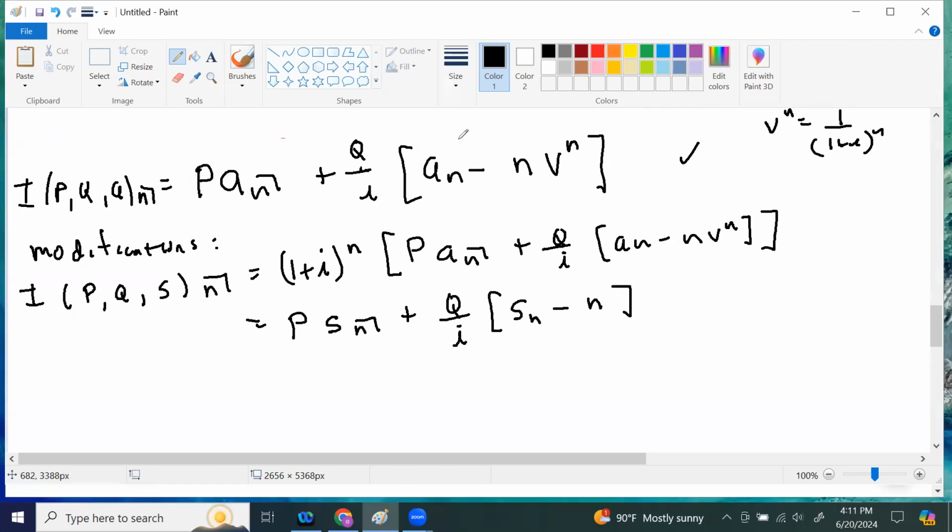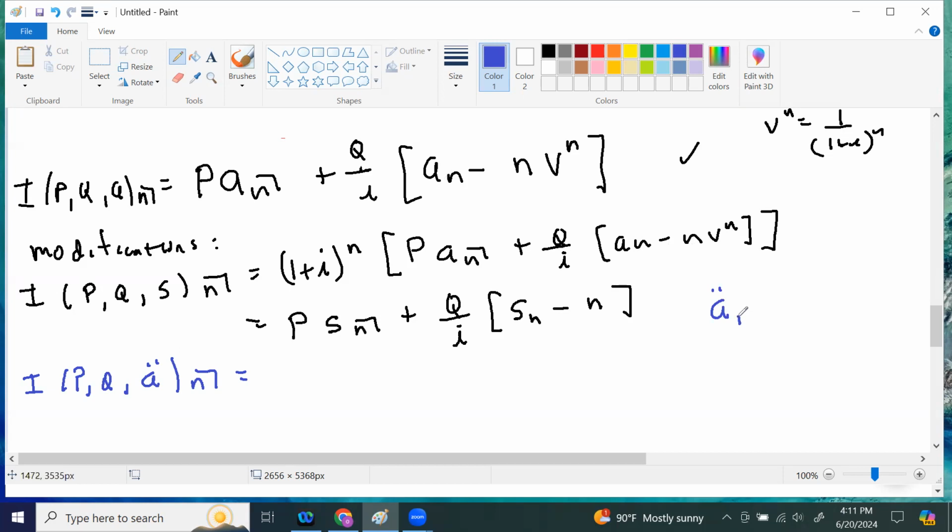The second modification I'd like to do is, if we want to look at annuity due, well, remember, annuity due, the difference is that we remember the key formula here.